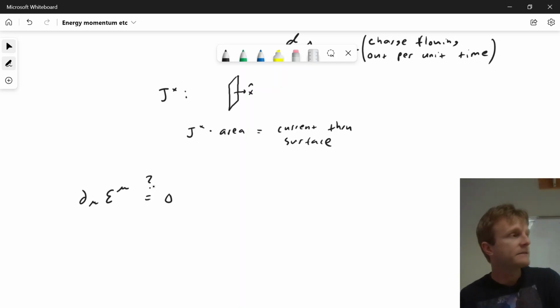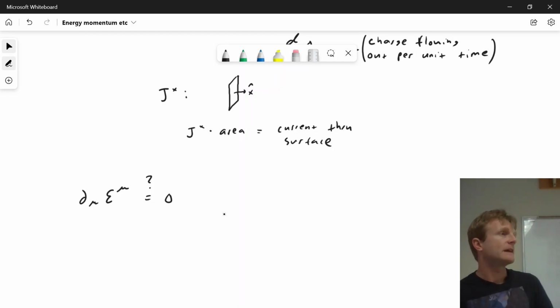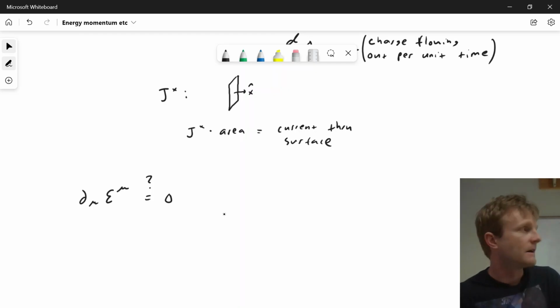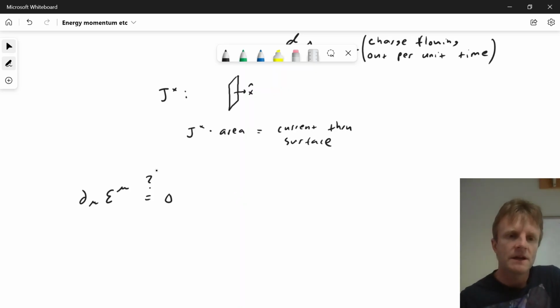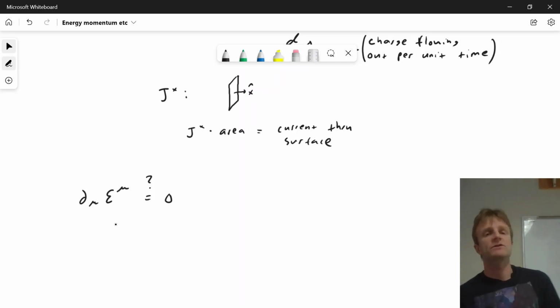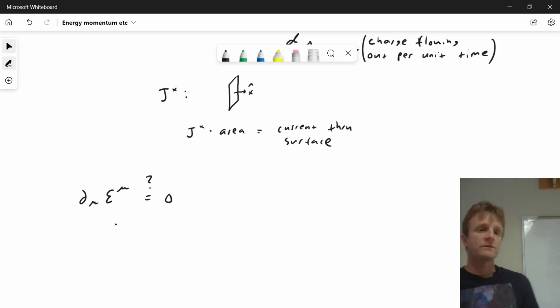And you can sort of do this, but it's missing something, which is the frame dependence of energy, right? So one person's energy is someone else's mix of energy and momentum. That's a major lesson of relativity. And so this is almost what we need, but we need a law that's going to encode all of the energy and momentum conservation together in one tensorial equation.